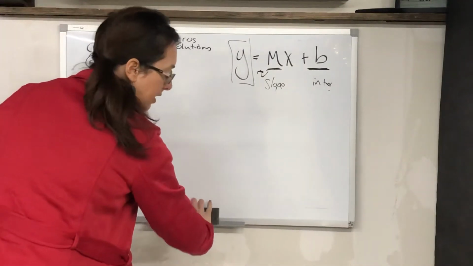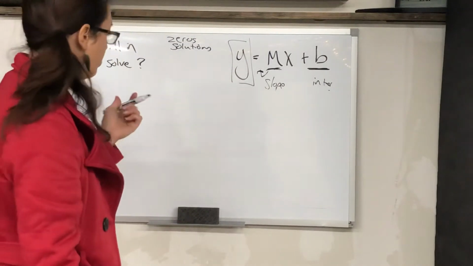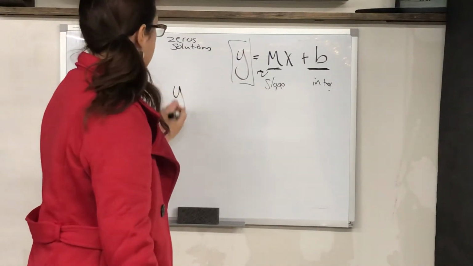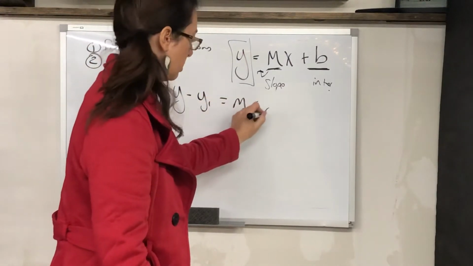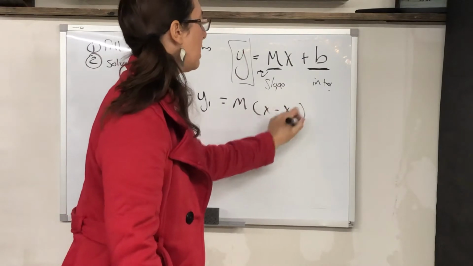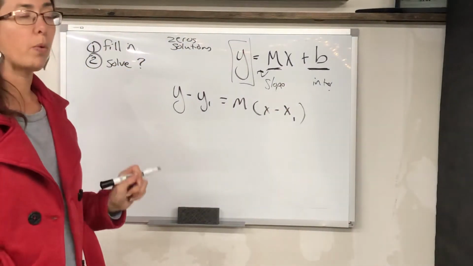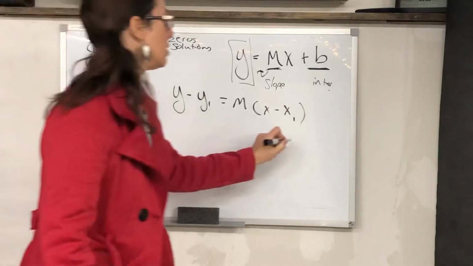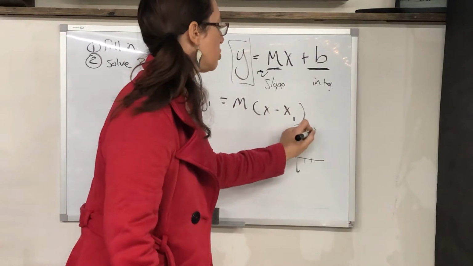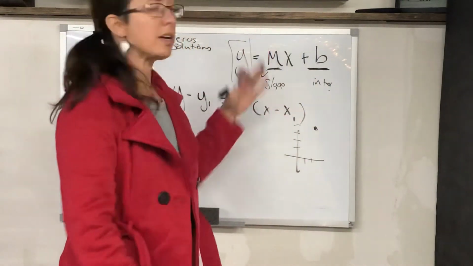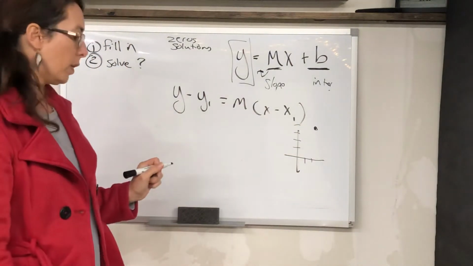There's another form called your point-slope form. And it says that if I am given one of the values, I know that my line crosses through the point 2, 4. So on the graph, I go through the point 2, 4. I don't know what direction it goes all around, but I know it crosses through 2, 4.